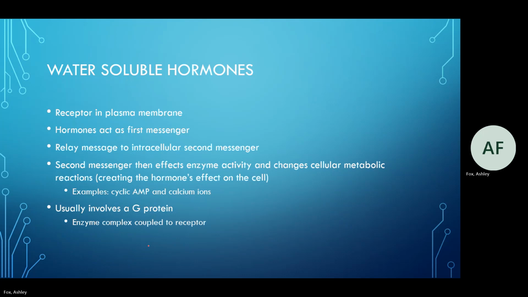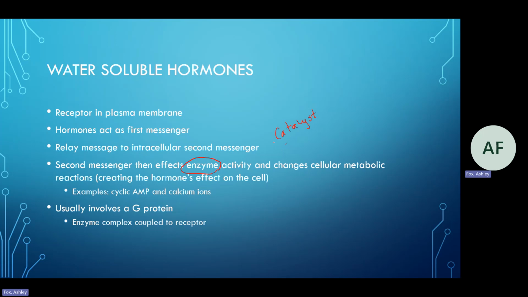Again, for water-soluble hormones, the receptors are on the plasma membrane. The hormone itself is the first messenger, and it sends a message to the intracellular second messenger. The second messenger usually is going to have an effect on an enzyme, because remember, enzymes are those catalysts for reactions that are unchanged.